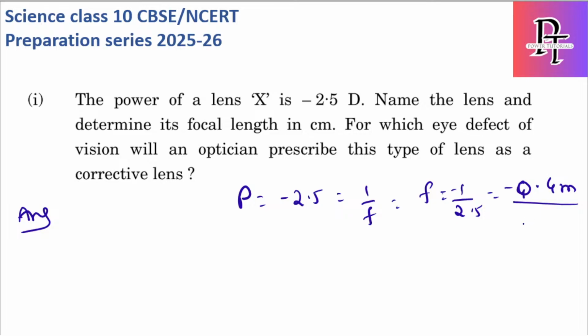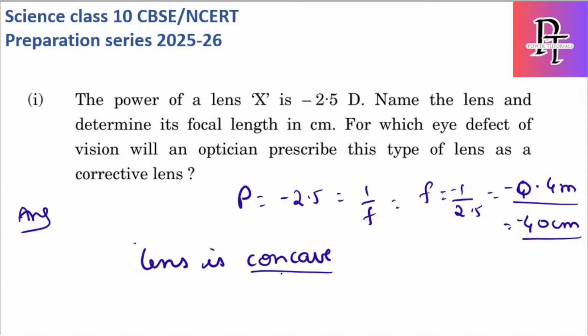So minus 0.4, if I multiply by 100, this becomes minus 40 centimeters. Okay, I got the focal length. Name the lens and determine its focal length. So the power is negative, so the lens is a concave lens, because only for concave will the power be negative.